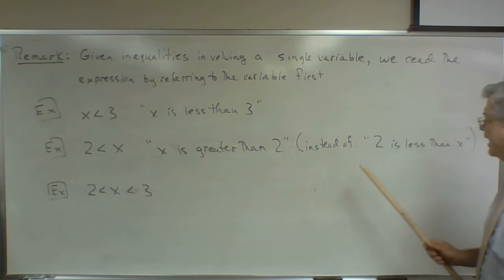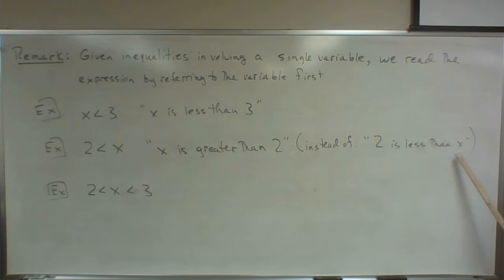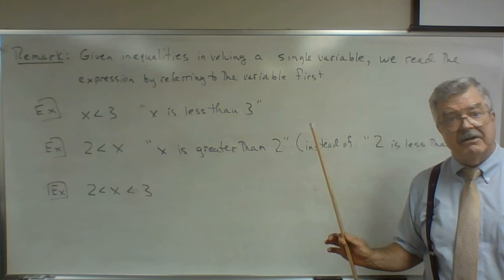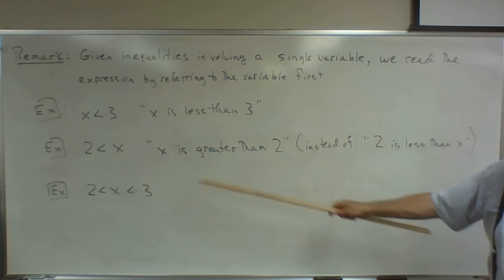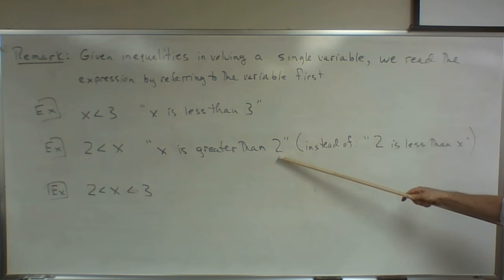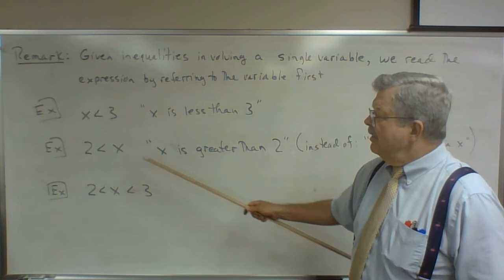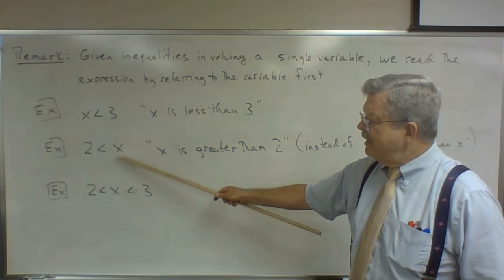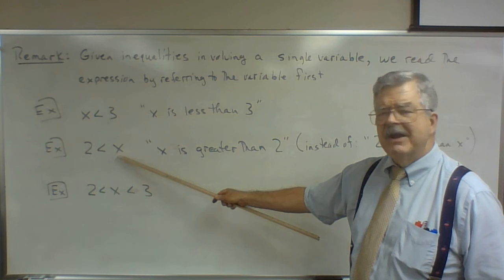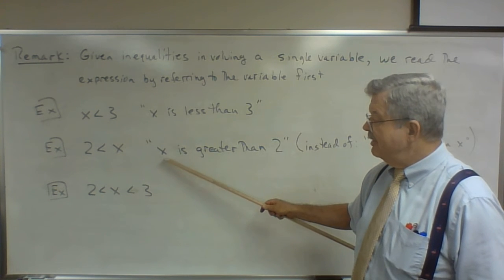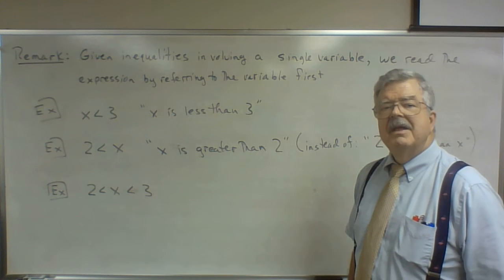So instead of saying 2 is less than x, which is correct, I'm going to say x is greater than 2. The reason being that we want the inequality to tell us something about the variable, so we start with the variable first.